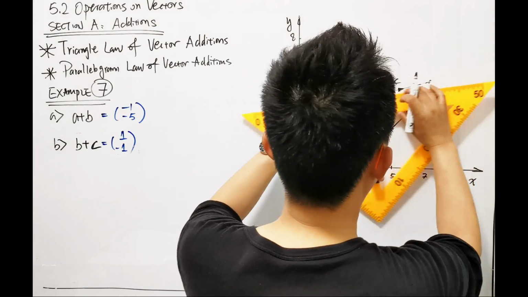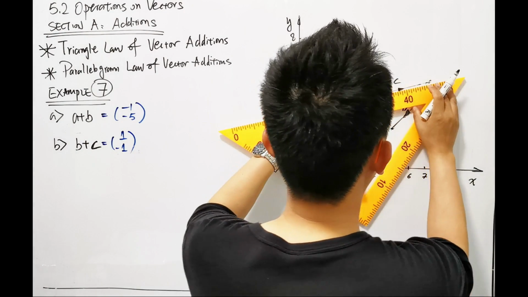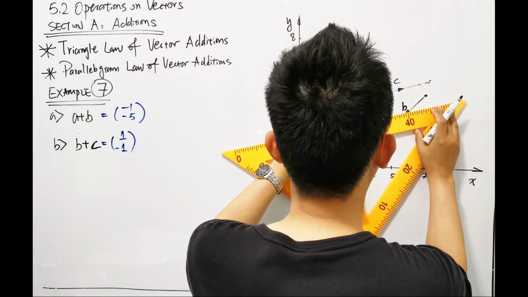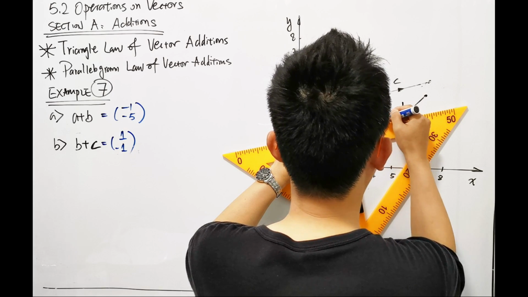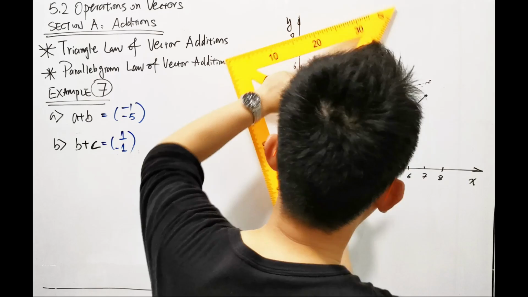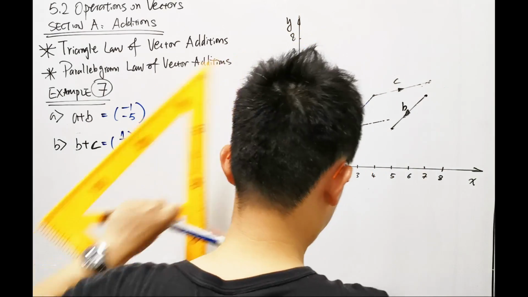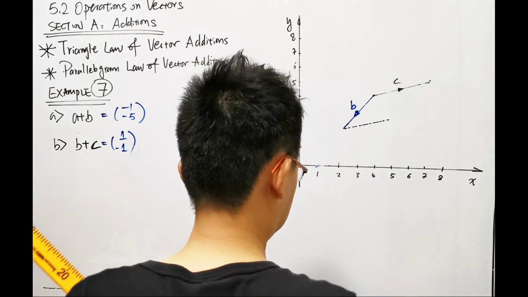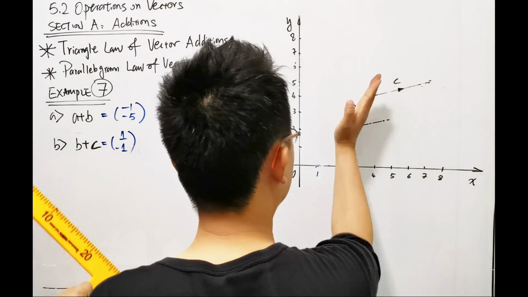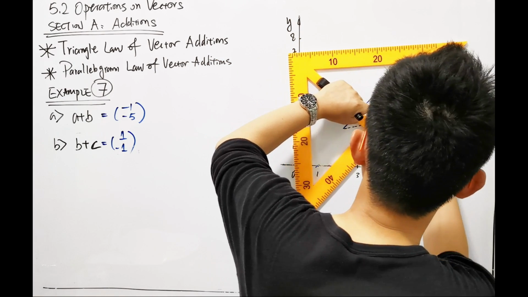Once we translate this point to here, we're going to draw this thing. Okay, we're going to remove this B, because we already transferred it to here.